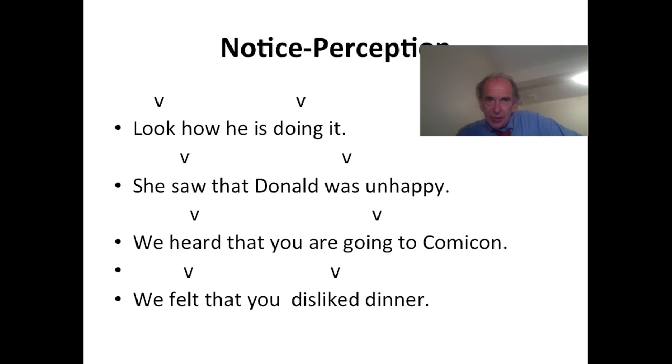These verbs pattern exactly like the other verbs we've looked at, but these verbs represent noticing or perceiving. Thus, that's the content category. Look is a notice verb. Look how he's doing it. Look is followed by he is doing it, the full sentence connected by the adverb how, a complementizer.